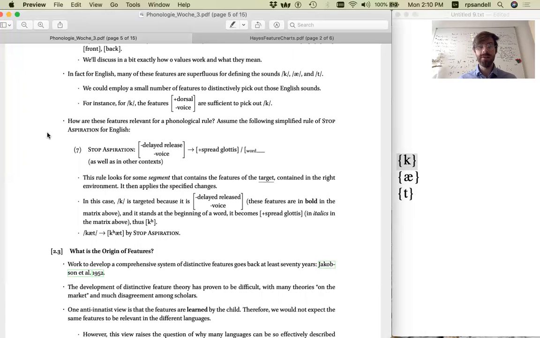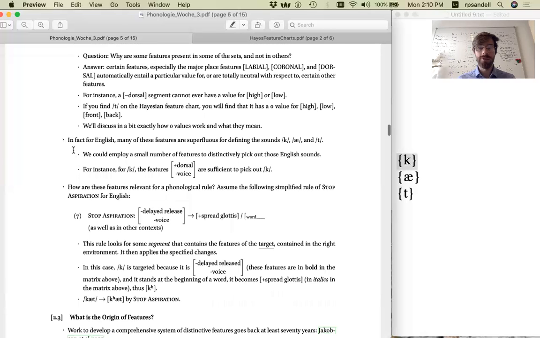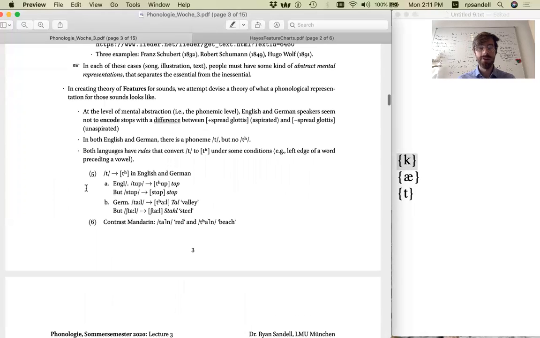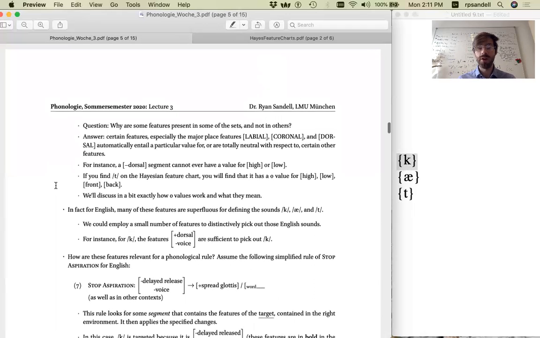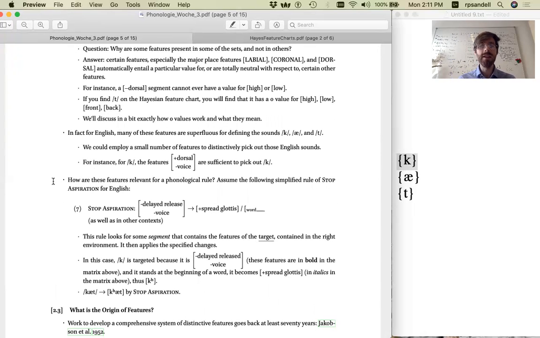So let's consider a rule that we would need, which we've referred to above under example 5, in order to create aspirated stops in English. As a first approximation, let's say that voiceless stops in English become aspirated at the left edge of the word.